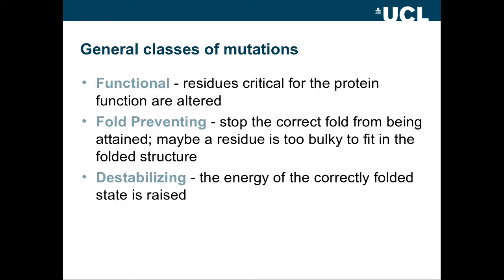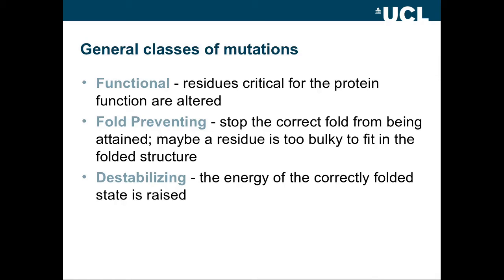We can also look at fold preventing mutations. So these are ones that really stop the correct fold from being attained. For example, the small to large mutations, which mean that the residue is too bulky and we cannot fit into the folded structure.